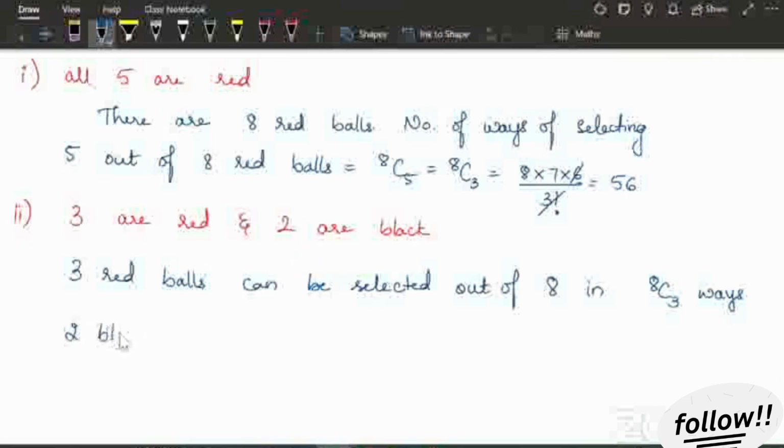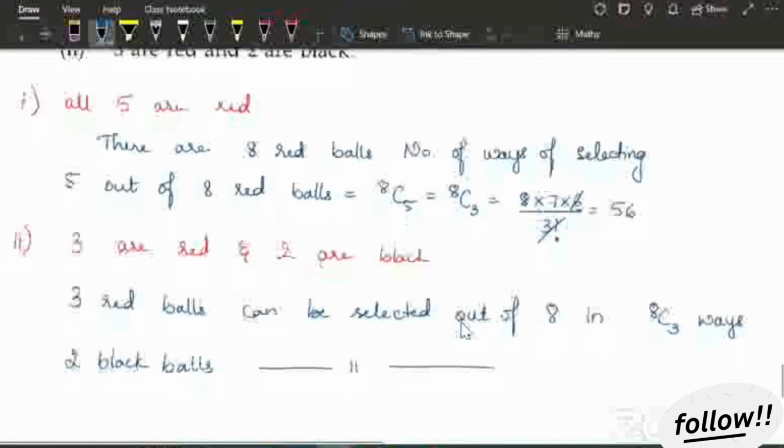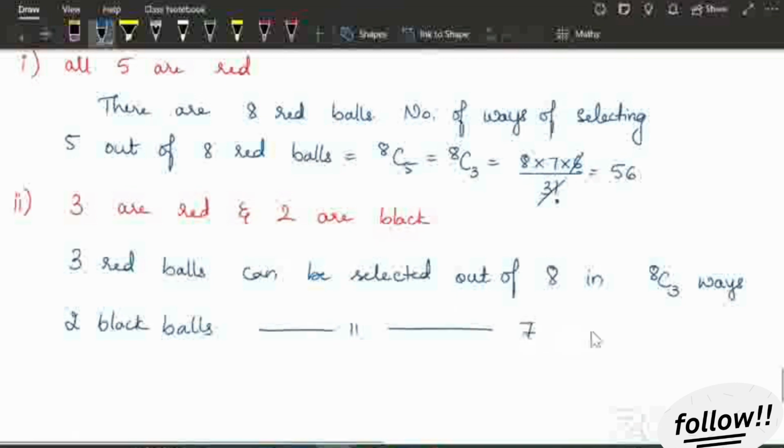Then we need 2 black balls, right? 2 black balls can be selected out of how many black balls do we have? 7 black. Out of 7, in 7C2 ways.